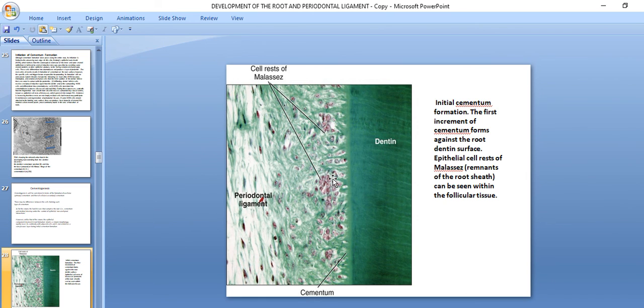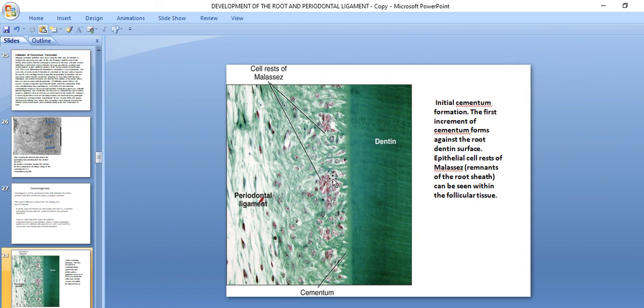In cementogenesis, the Hertwig's epithelial root sheath disintegrates enough to enable the dentin surface of the freshly formed root to come into contact with cells of the dental follicle. This is thought to initiate the differentiation of connective tissue cells from the dental follicle into cementoblasts.